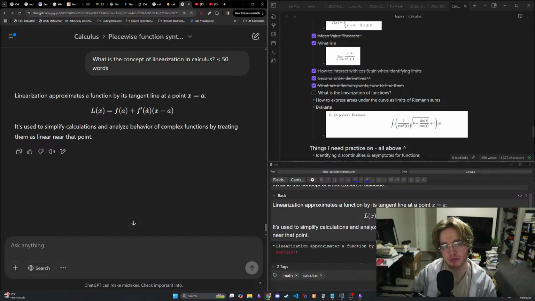Because f prime of a returns the slope. So I'm not sure we can continue it. I don't know if we plug this into the slope to evaluate that, but how currying would work is, say we have a function that returns a function.